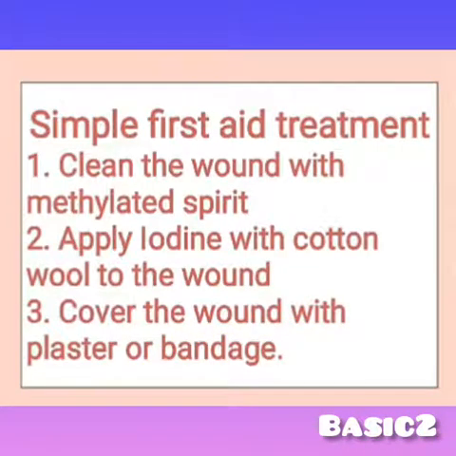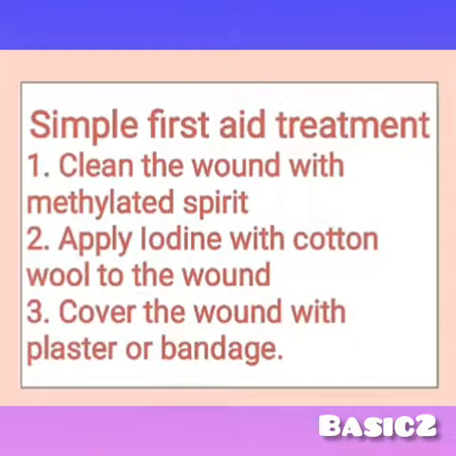Let's look at simple first aid treatment. How can we apply first aid to an injured person? A person who has sustained injuries in a road accident could be treated in these ways. First thing is for you to clean the wound with methylated spirit.